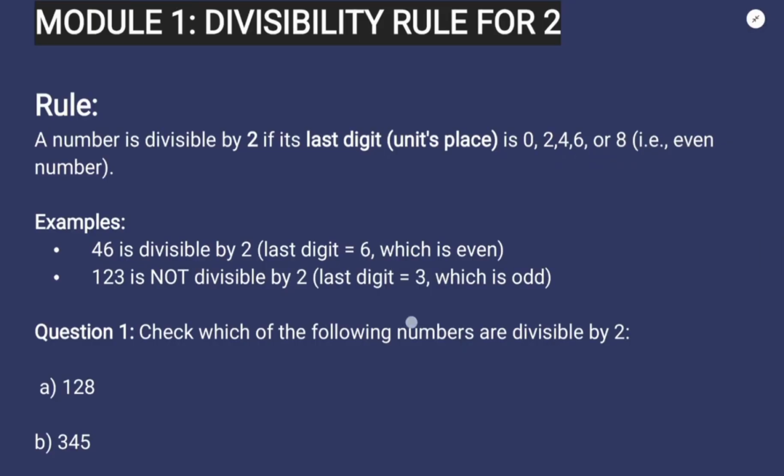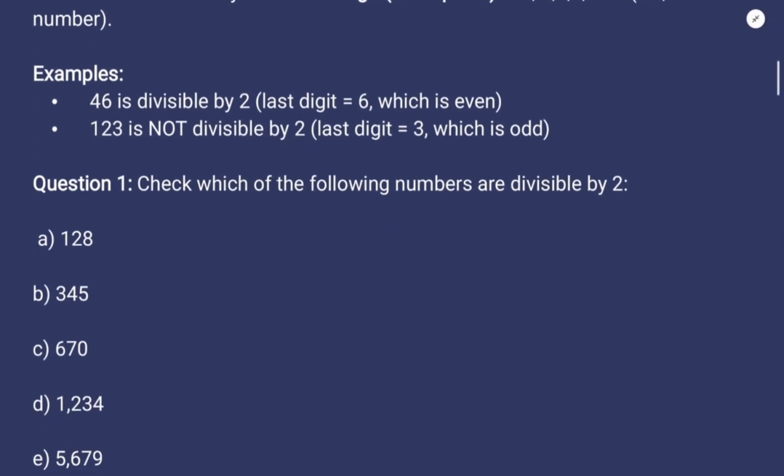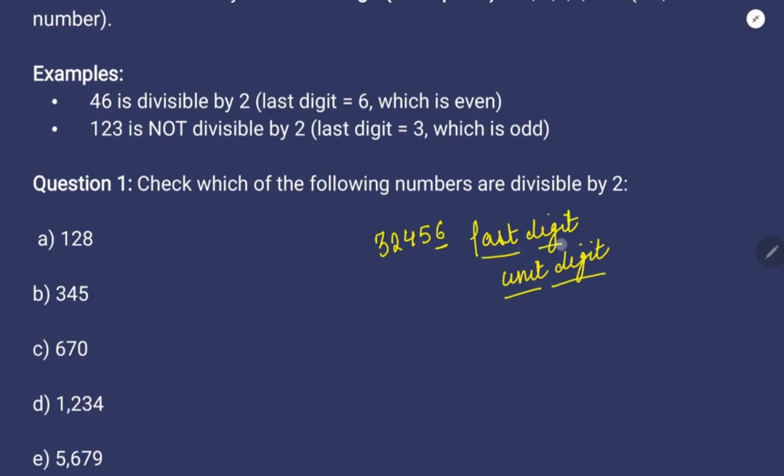Okay, suppose I have a number. I will write the number here. Suppose I have a number 3, 2, 4, 5, 6. Whenever you need to see divisibility by 2, you always need to check the last digit. This is known as the last digit, or you say unit digit as well. So you need to check the unit digit, or last digit.